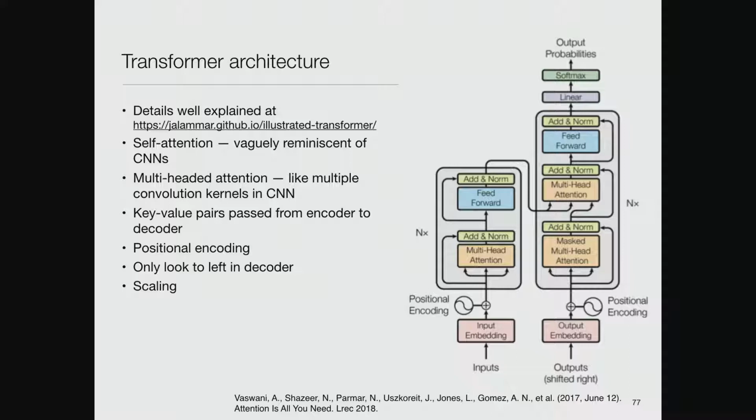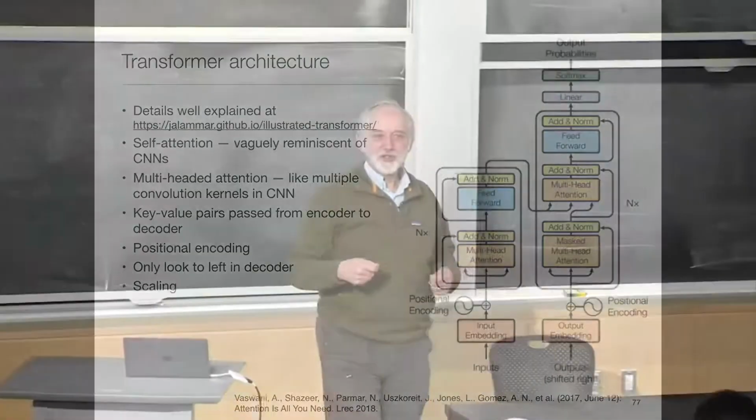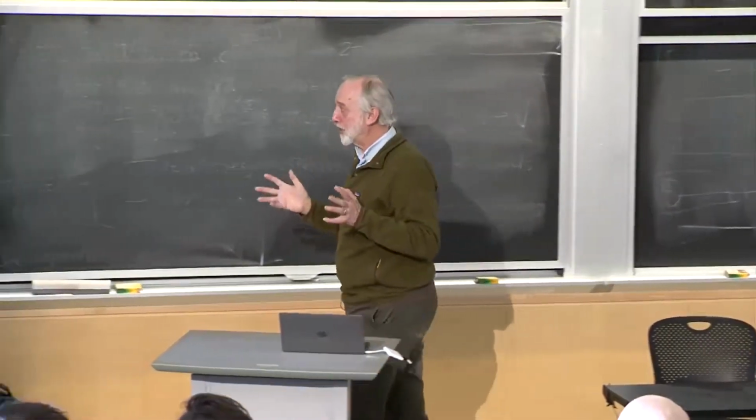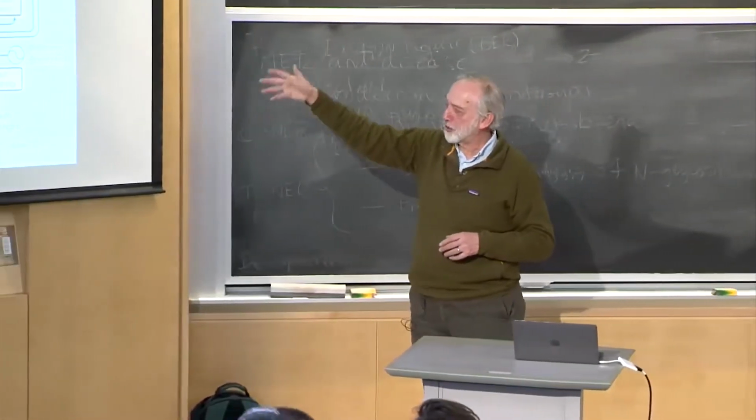and then you do this 6 times or n times, and that then feeds into the generator, and the generator then uses a very similar architecture to calculate output probabilities, and then it samples from those in order to generate the text. So this is sort of the contemporary way that one can do translation using this approach.